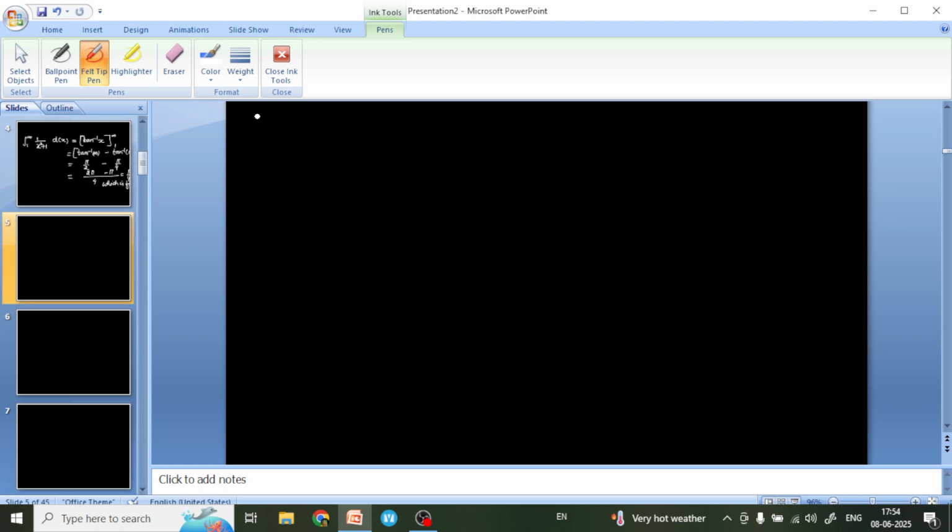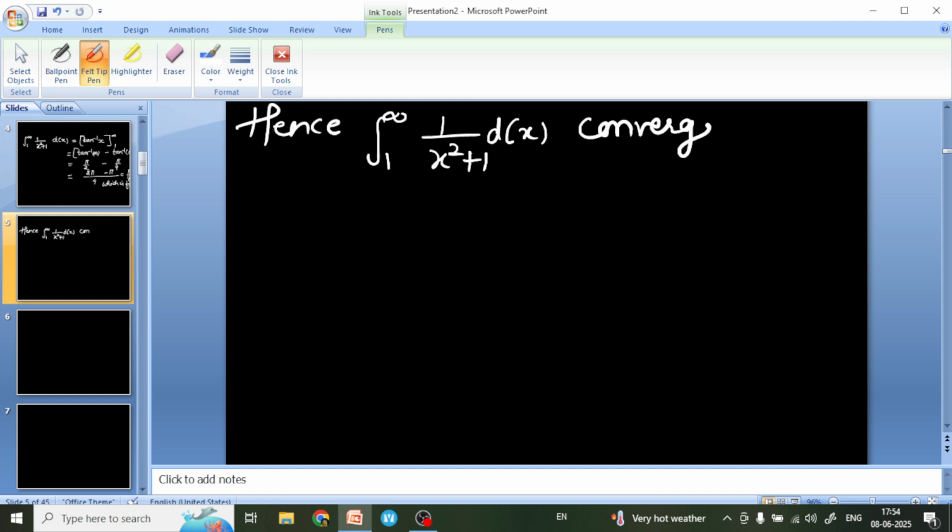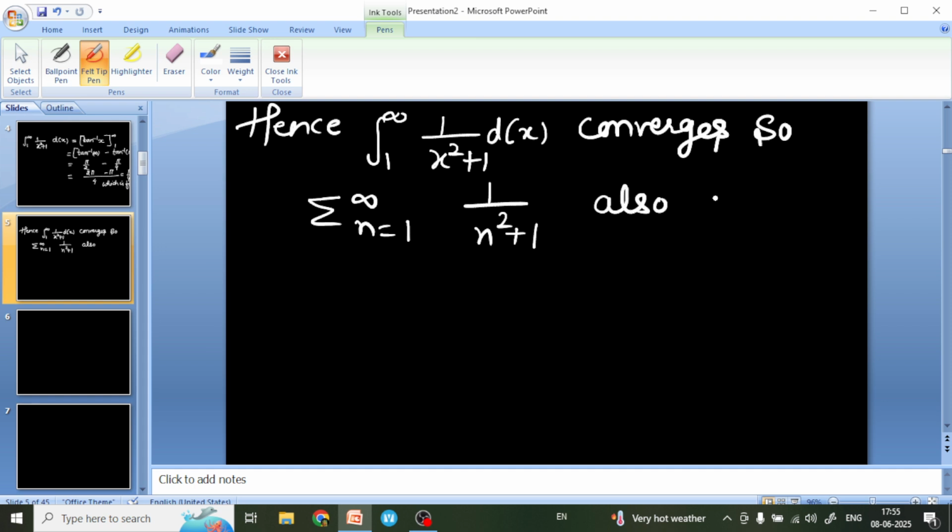Hence the infinite integration of 1 over x square plus 1 dx converges. So sigma infinite n is equal to 1 of 1 over n square plus 1 also converges.